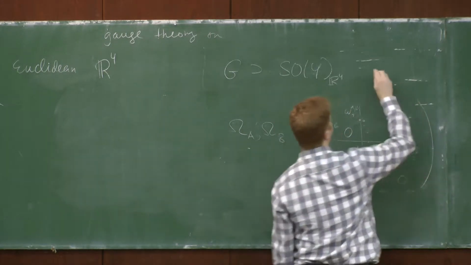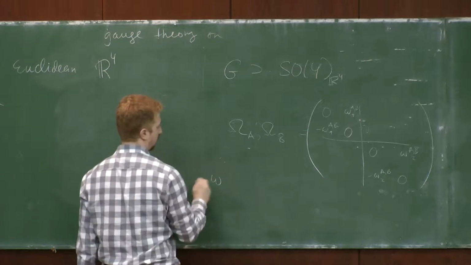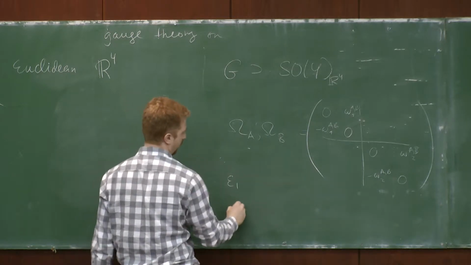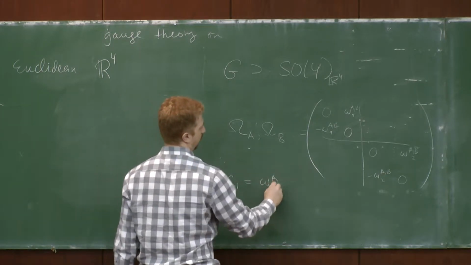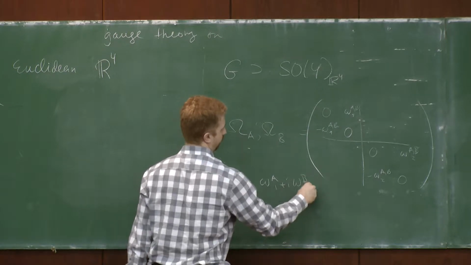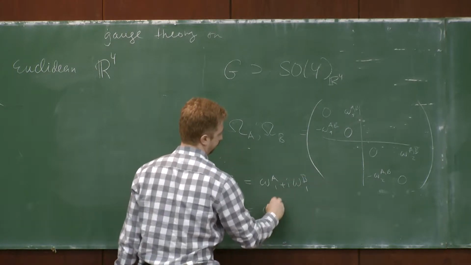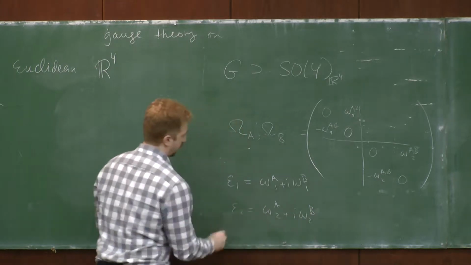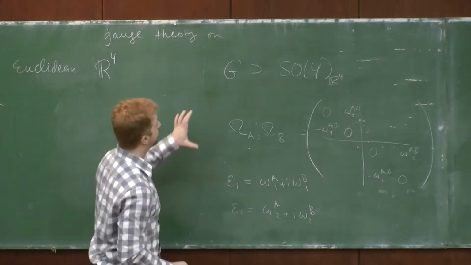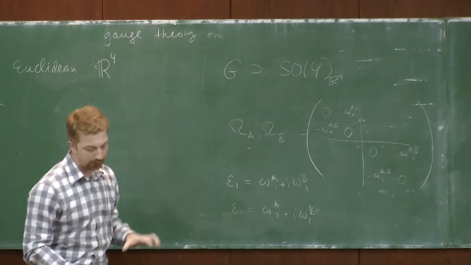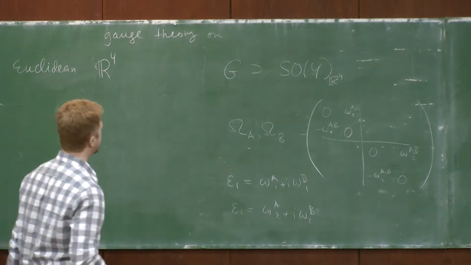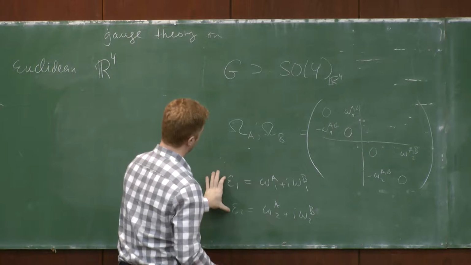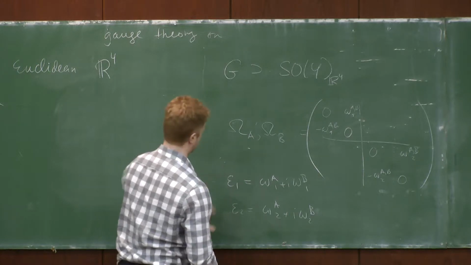And so you'll get two parameters, which are called epsilon 1 and epsilon 2. So the deformation of the theory involving the rotations of spacetime produces a two-parametric deformation of the Lagrangian.